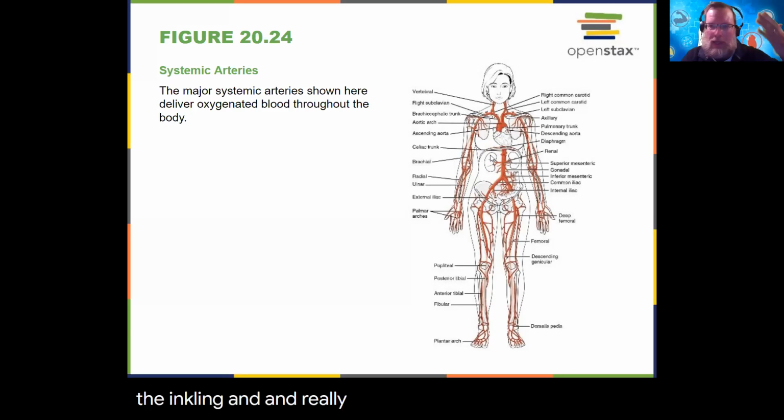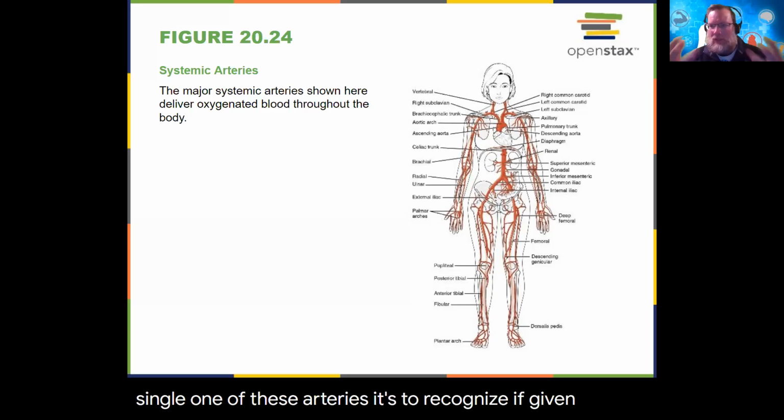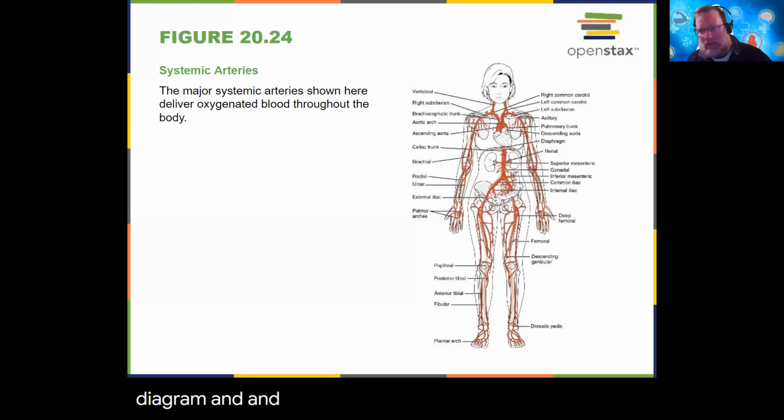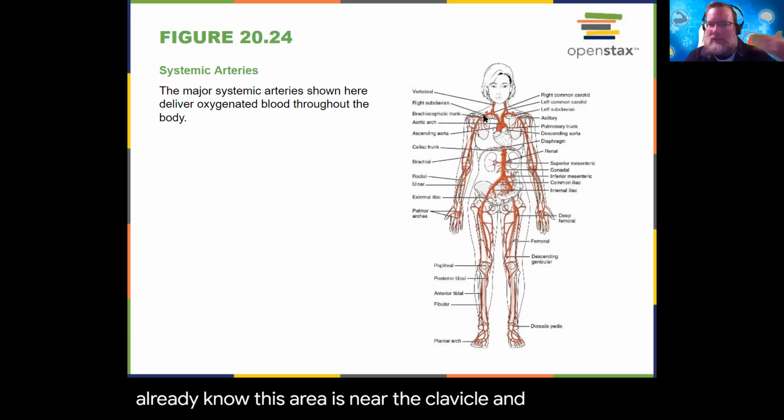And really the idea is to not memorize every single one of these arteries. It's to recognize, if given a diagram and I ask you what this is pointing to, and you already know this area is near the clavicle, it's probably subclavian.